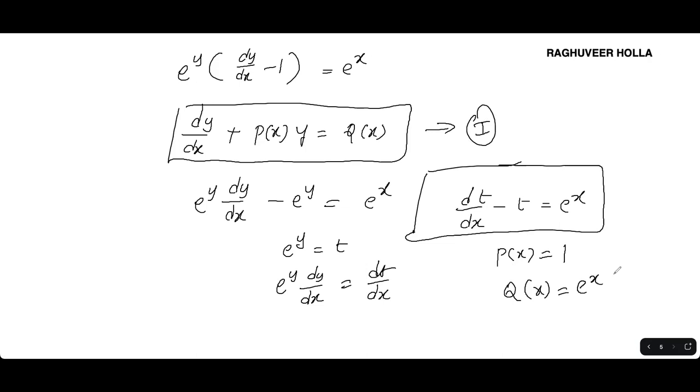Now let us solve this. Find the integrating factor. So we found that p will be minus 1 and q is e to the power of x.